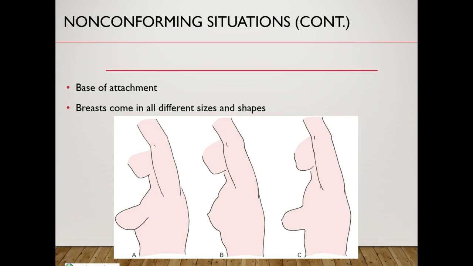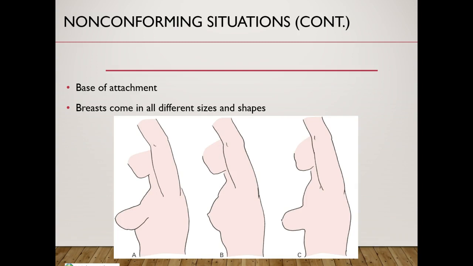You have to remember that the breasts come in all different sizes and shapes. So the base of attachment for a breast is different. If you look at breast A, it's a very pendulous breast. And so that base is very confined. And the breast is going to be very easy for you to confine, to move it, to lift it and move it.